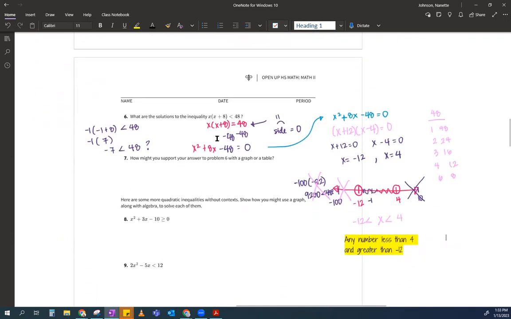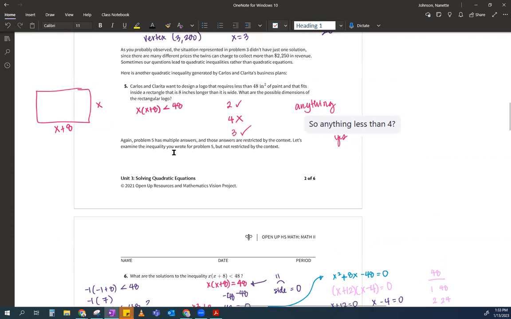Okay, so do you see the difference between this answer here? So what would the answer here be? I would say anything from here. So here's my real answer for this. It would be 0 less than or equal, not equal to, sorry, x less than 4. Ms. Johnson, why would you cut it off at 0 for this?